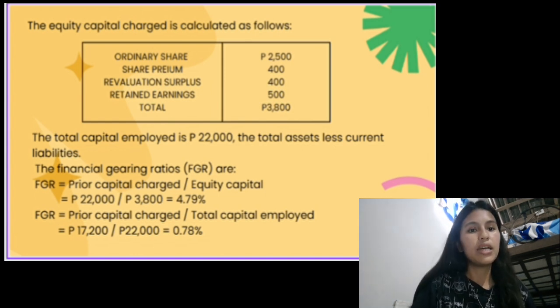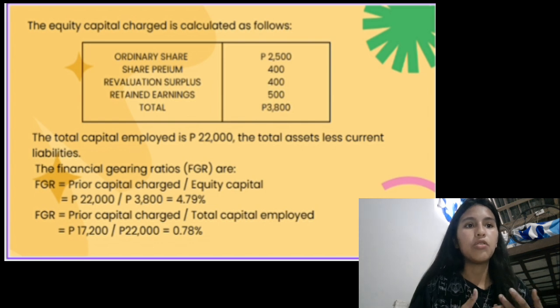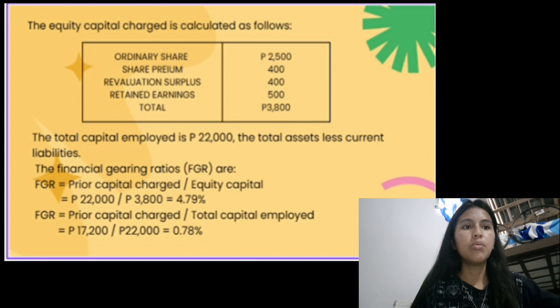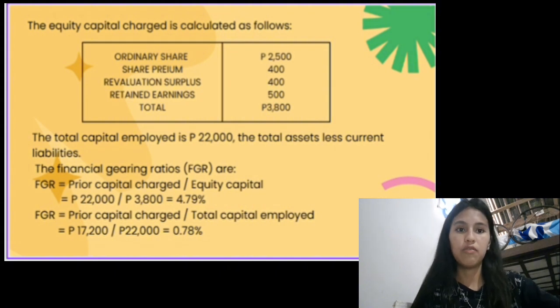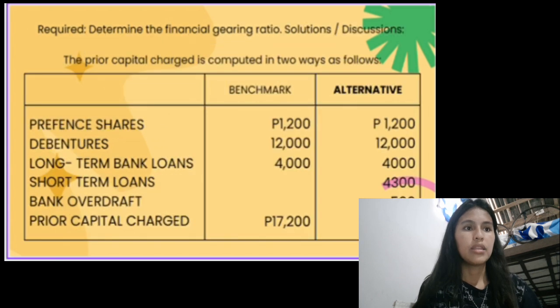So, sinabi ko kanina yung paano natin makukuha yung financial gearing ratio niya. Pero, ito yung una natin. Yung FGR equals prior capital charge divide equity capital. So, itong 22,000 natin, nakuha natin siya dito sa alternative natin. Ito yung tinatawag natin prior capital charge. Then, divide sa equity capital natin na 3.8.